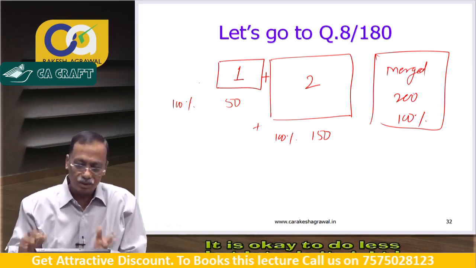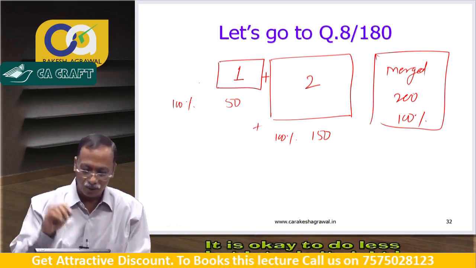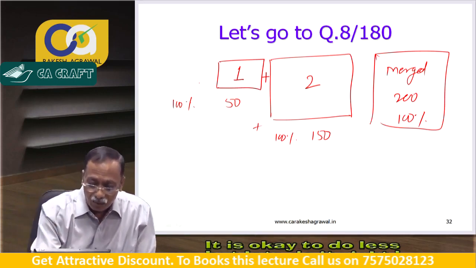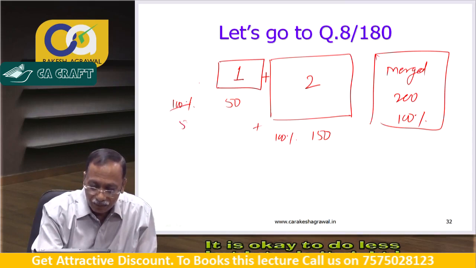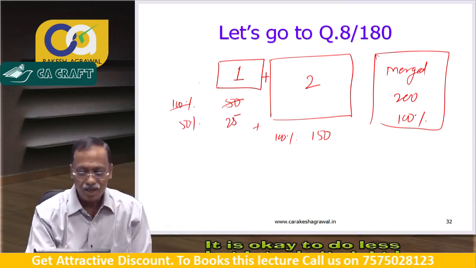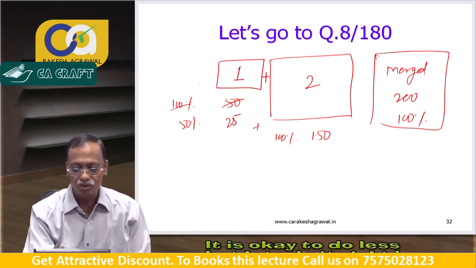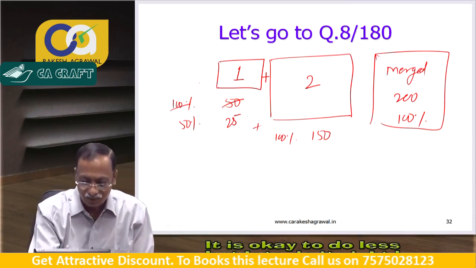No, it's 100% capacity of the merged classroom. Now, if I take 50% capacity of classroom 1, that is 25 students, and 100% capacity of classroom 2, that is 150 students, can I add these two together?